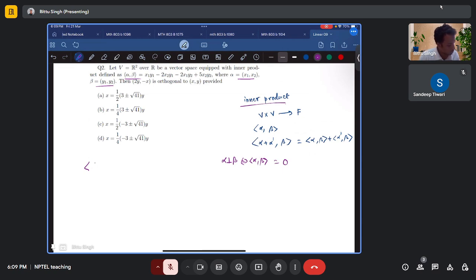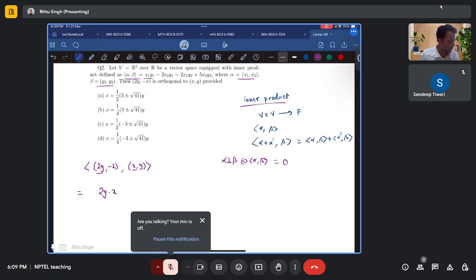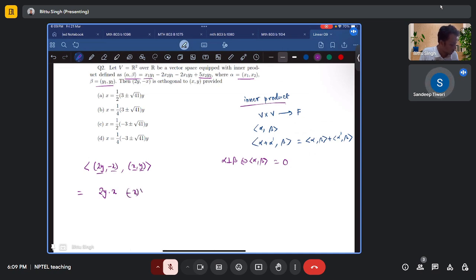So let us find the inner product of (2y, minus x) and (x, y). By definition, this is the first two components multiplied, which is 2 times 2y times x, and then we multiply the last two components, which is minus x.